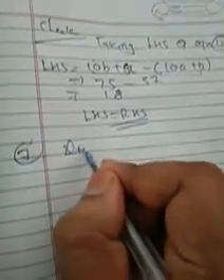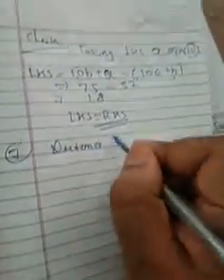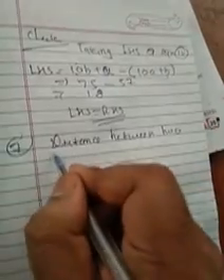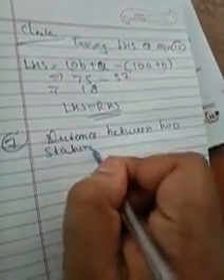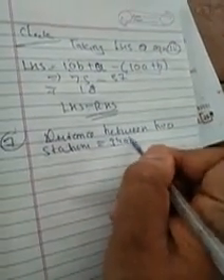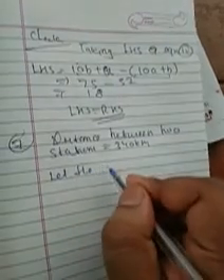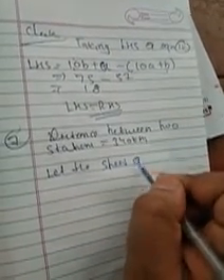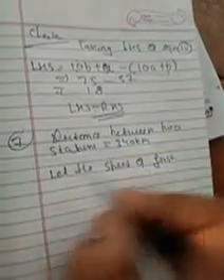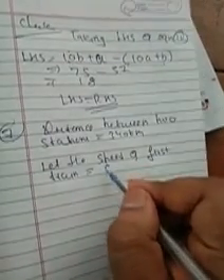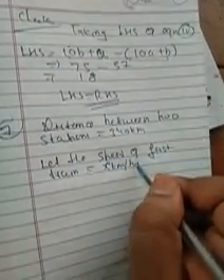Now the distance between two stations is equal to 340 km. Now let the speed of the first train be x km per hour.